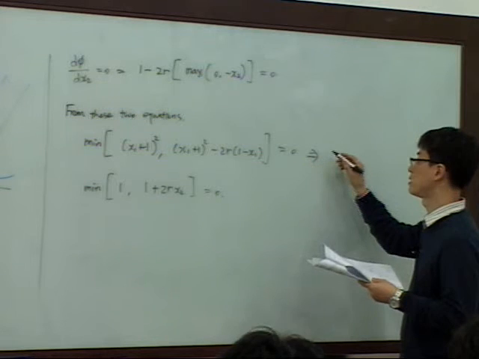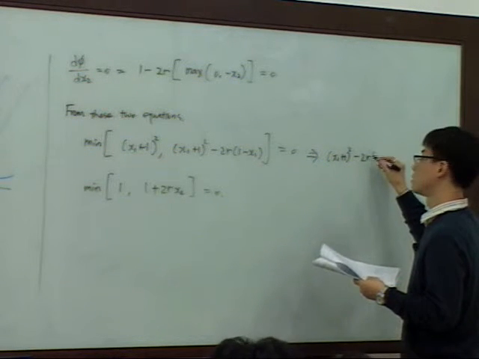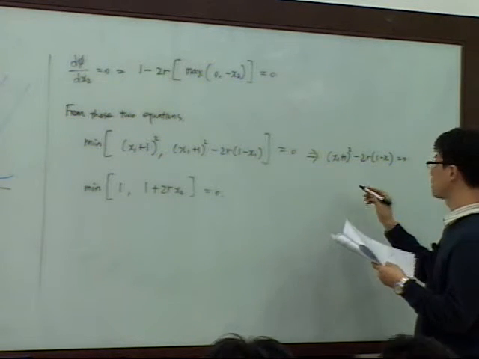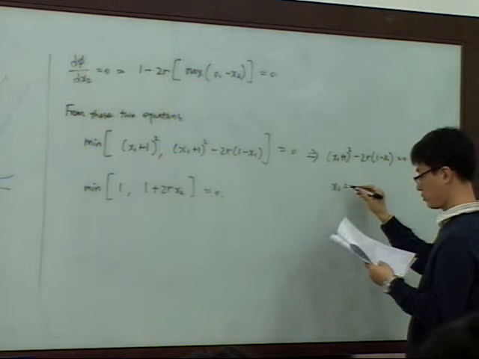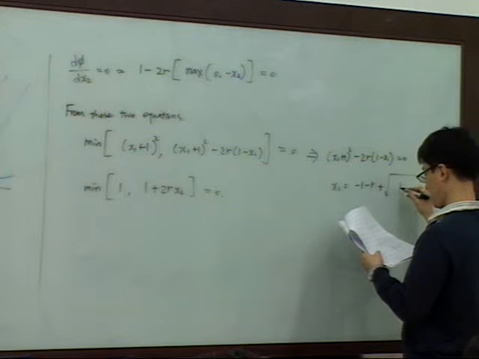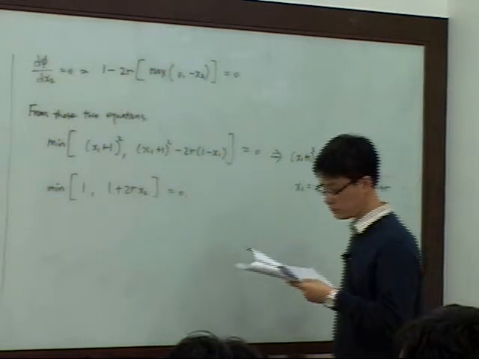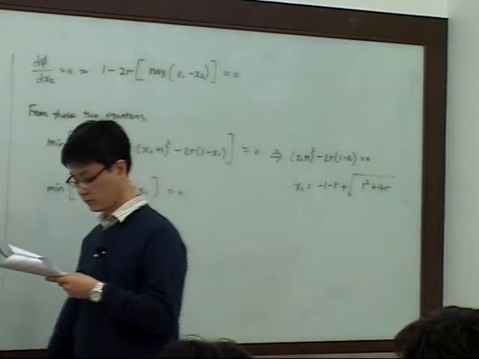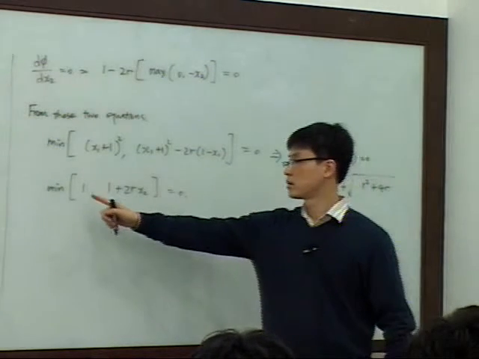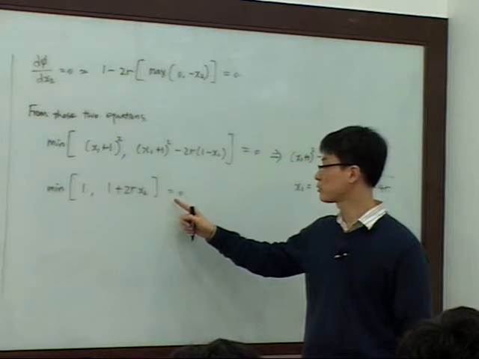So from this, and if you calculate it, we know that x1 is equal to, and from the second equation, 1 cannot be equal to 0.